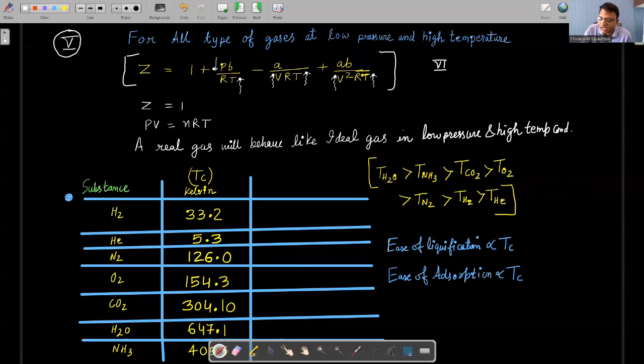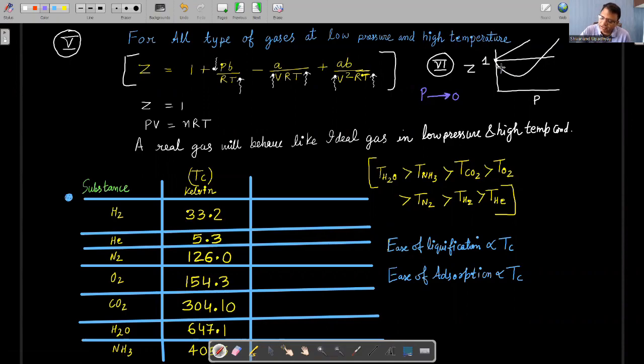When we are drawing the Z versus P graph at room temperature, most of the gases follow this graph, where Z is equal to 1, but for hydrogen and helium, the graph is like this. Now we are saying that if volume is very large, pressure will be very low, means pressure is tending towards 0.